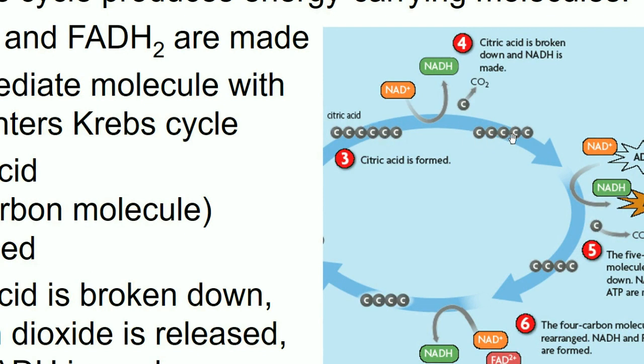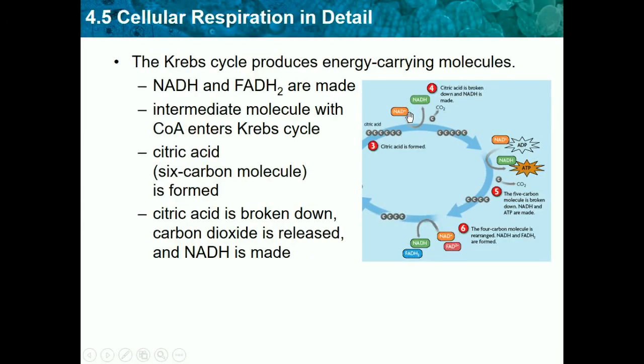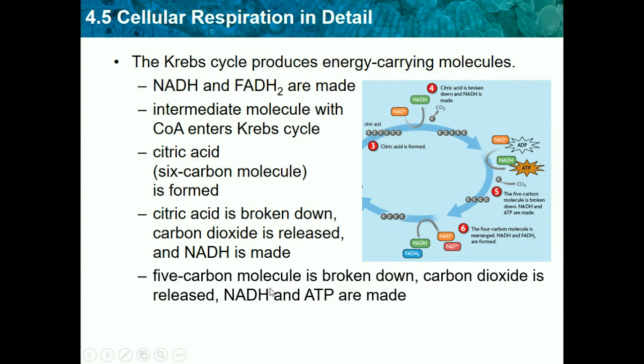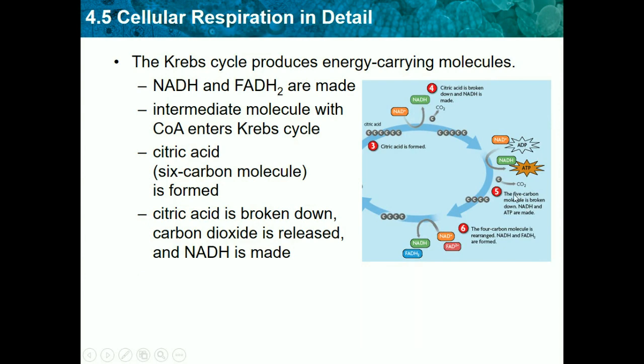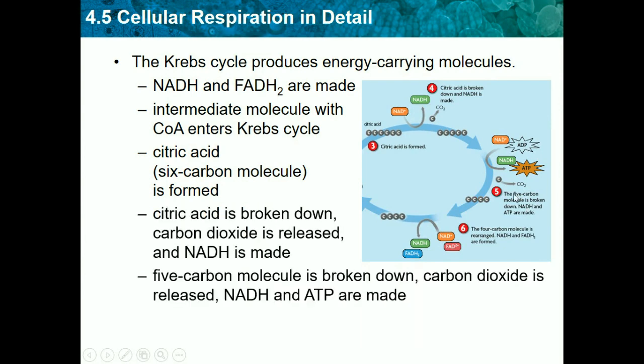Enzymes break it down into a 5-carbon molecule, and while this is happening, NAD plus comes and turns into NADH because of the energized electrons. So the 5-carbon molecule is again broken down through enzymes, and carbon dioxide is released, and NADH and ATP are made.